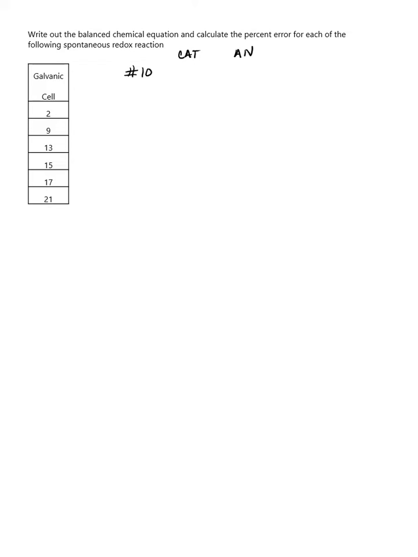So copper is the one that is being reduced. You have that one in the cathode. And zinc is the one that is being oxidized. You have that one in the anode. So those are your two metals. So you can find the half reactions for the reduction potentials in the table.